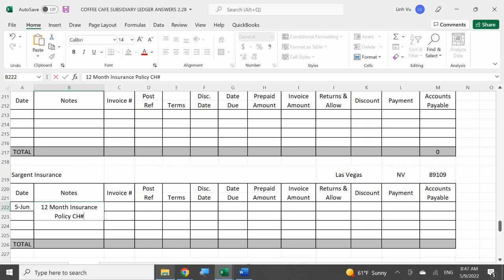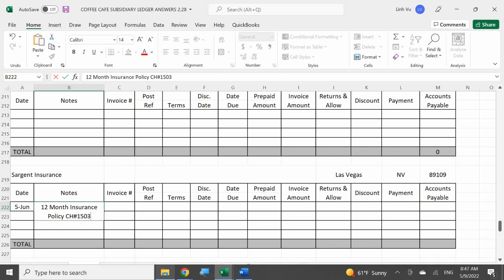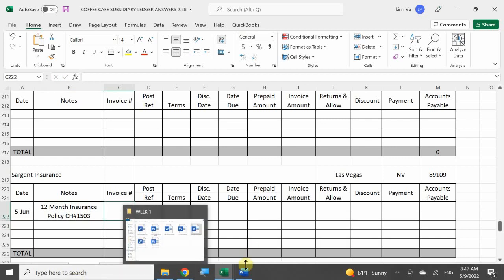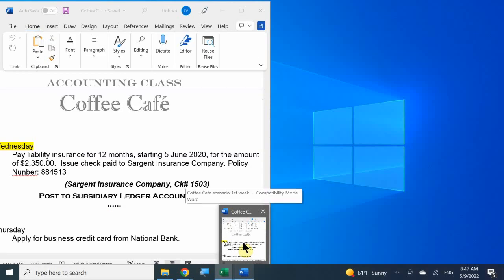And you at least wrote a check number 1503. Okay. Invoice number could be the same thing as your contract number, so policy number. Let's take a look at what that was. Policy number 884513.